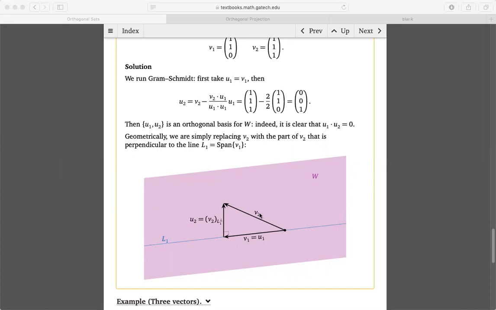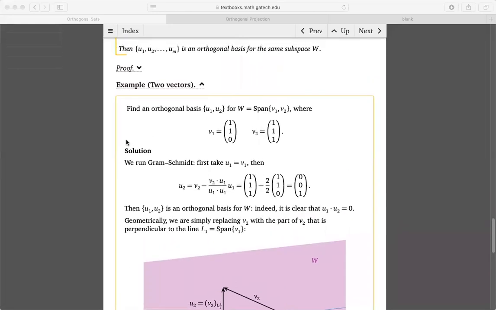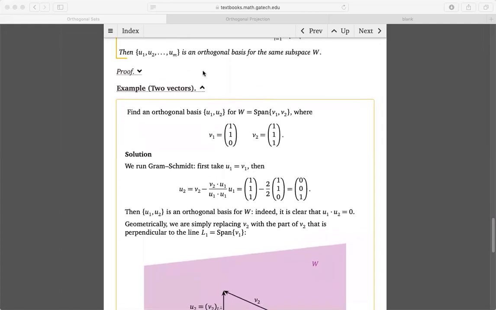We can determine that if I just take v2 and subtract v1, I'll be left with the orthogonal vector, and that's all I need to do. So that was a quick way to skip the Gram-Schmidt process. If you did the Gram-Schmidt process, you would get the exact same answer.